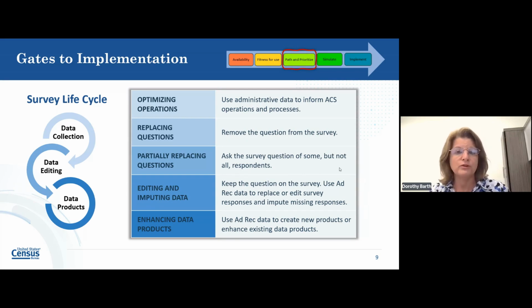I don't know if there'll be more in the future, but for now, we're optimizing operations is one use, taking the questions off the surveys, maybe taking the question off the survey for some people, not others. We may edit and impute missing responses, edit responses that we have if the admin rec data is better, and we can make new data products, perhaps.